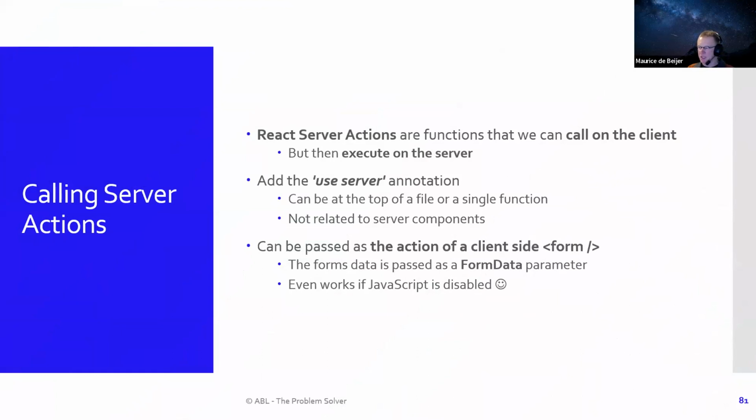But traditionally, if you do, say, data entry forms on the client, you need to write code there. You typically handle the onSubmit event handler on a form and do things there. That also means that you always have to have JavaScript enabled on the client, otherwise it wouldn't just work. But with React Server Actions, we can do that a lot simpler, and a lot of the magic goes away.